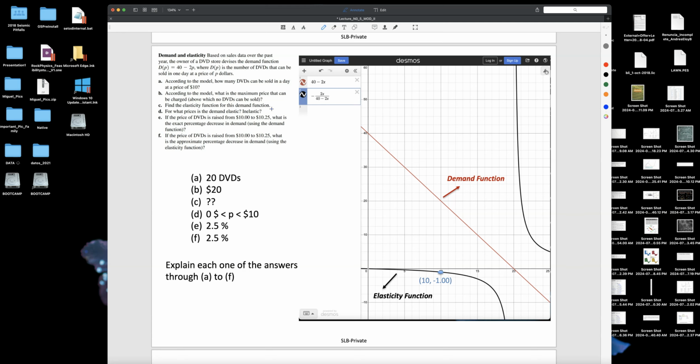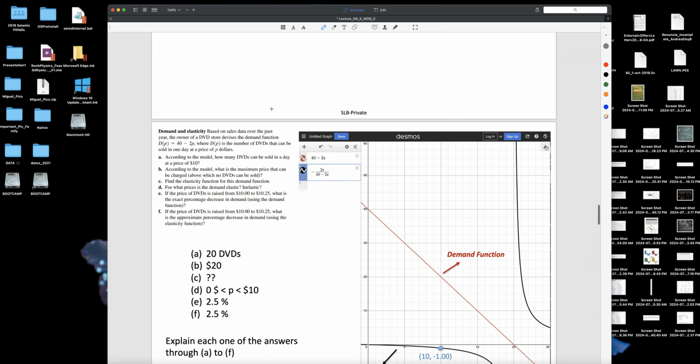Okay, what is the elasticity function? Remember the concept.